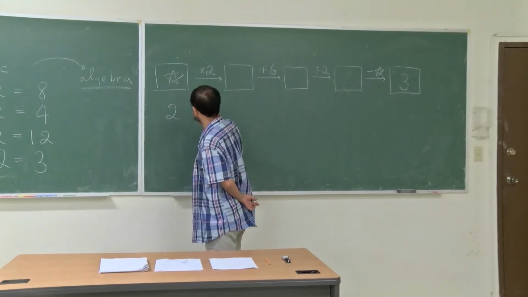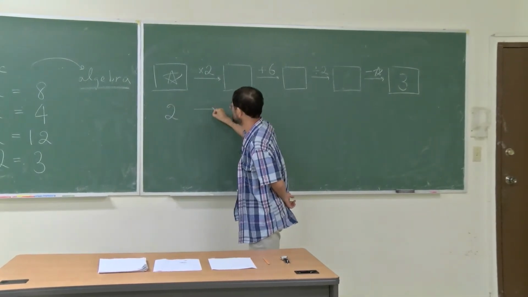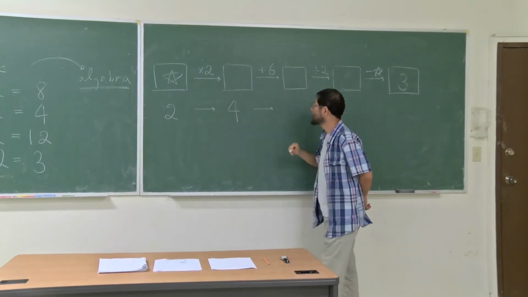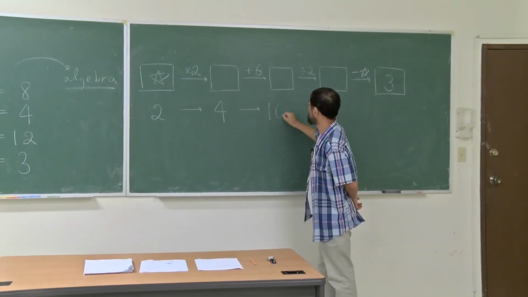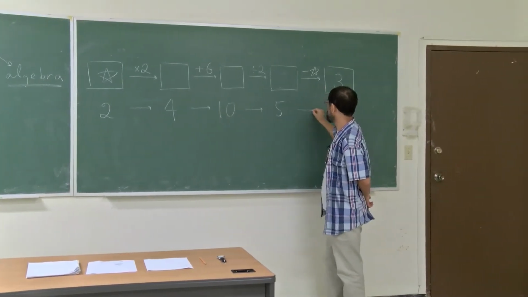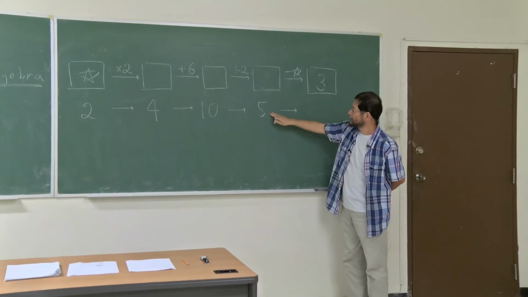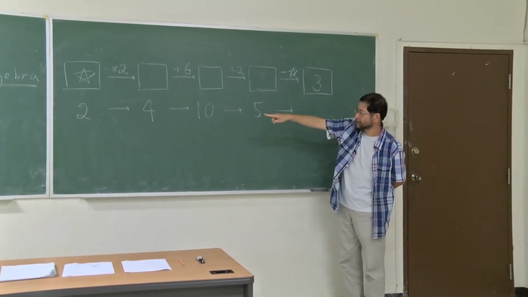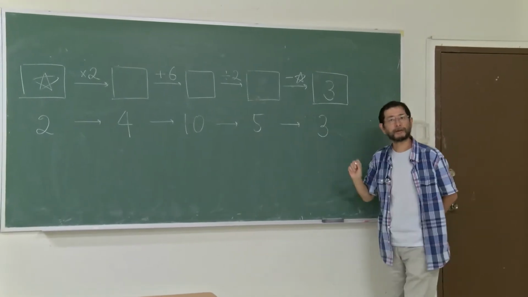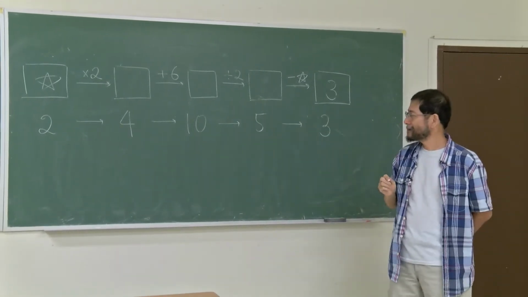So he picked 2. So 2 times 2 is 4, and then 4 plus 6 is 10. 10 divided by 2 is 5. Then now we subtract the original number, which is 2. So subtract 2 from 5, and we get 3. Okay, let me ask another person.